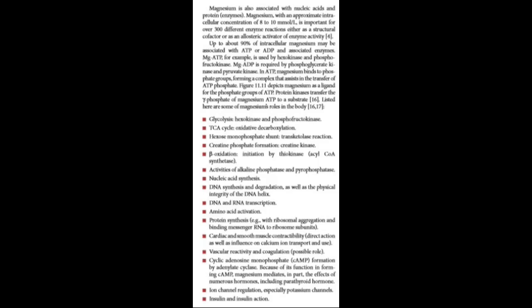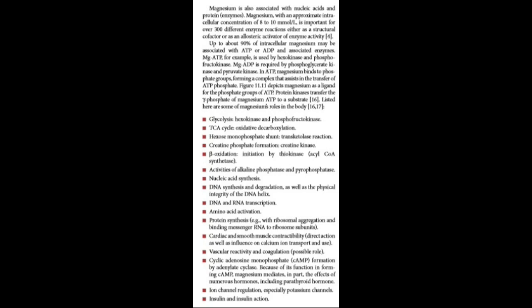Magnesium is also associated with nucleic acids and some enzymes. 90% of intracellular magnesium is always associated with ATP. Magnesium with ATP or magnesium with ADP, and the Mg-ATP complex is associated with some enzymes.